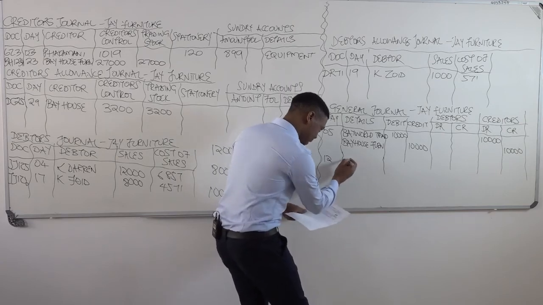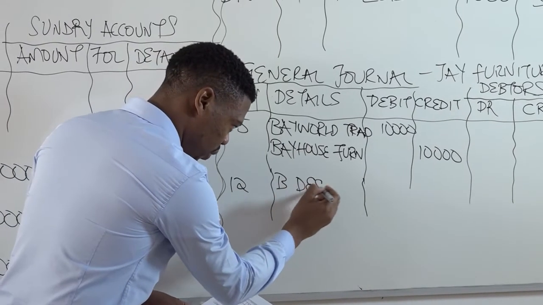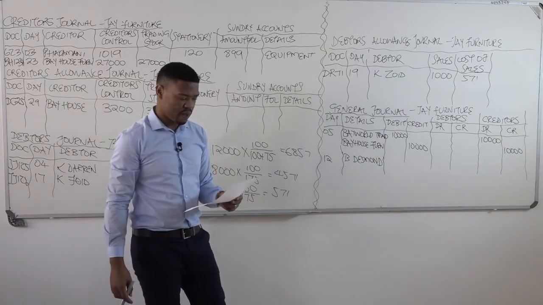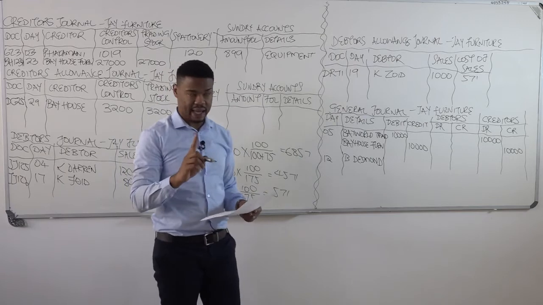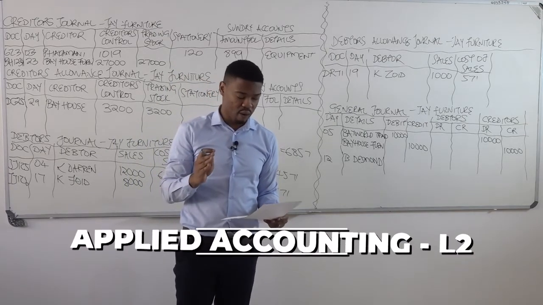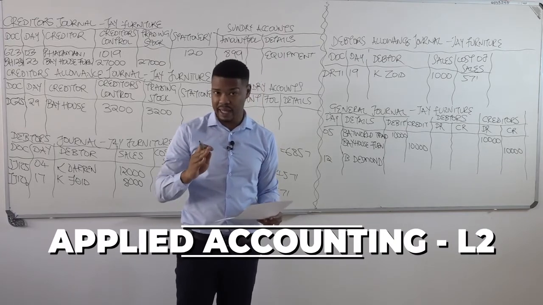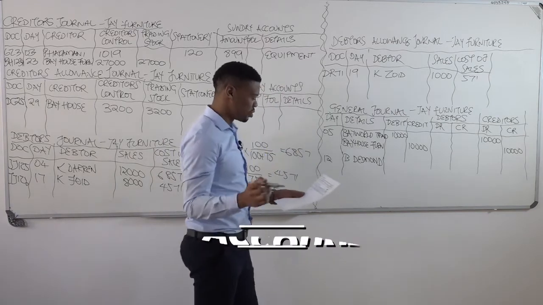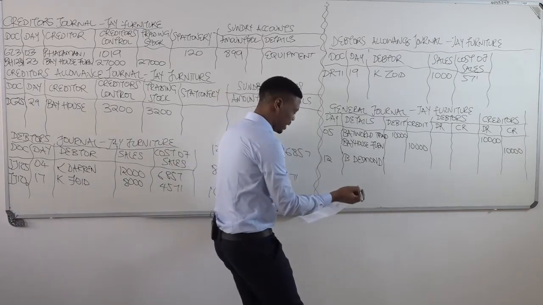So our debit is B Desmond, which we enter as the account debited, and we are going to credit the interest account. Interest account is an income. Remember, all your incomes are credited on the right hand side. So because we are increasing interest, we are going to credit the interest account.